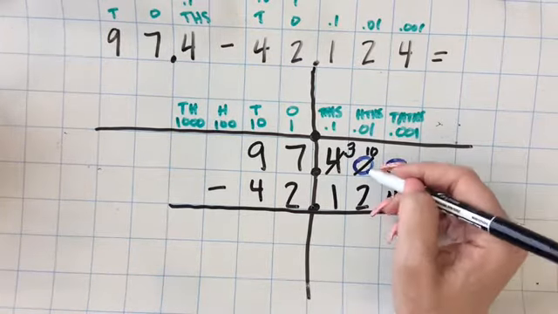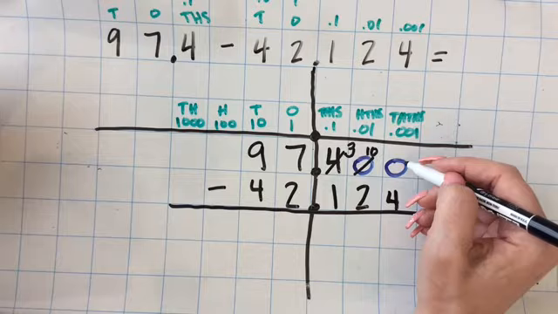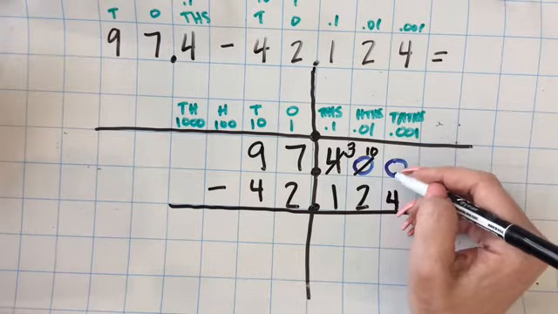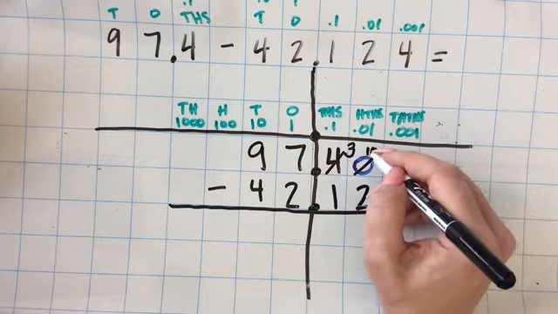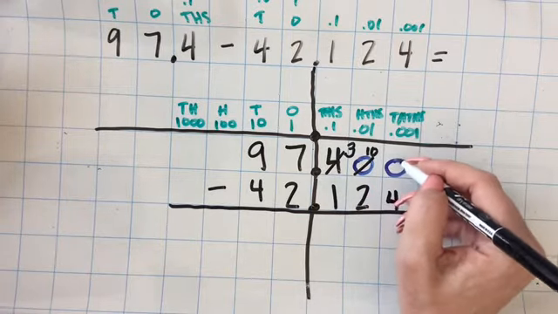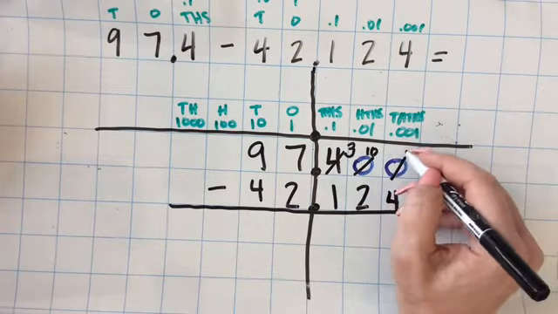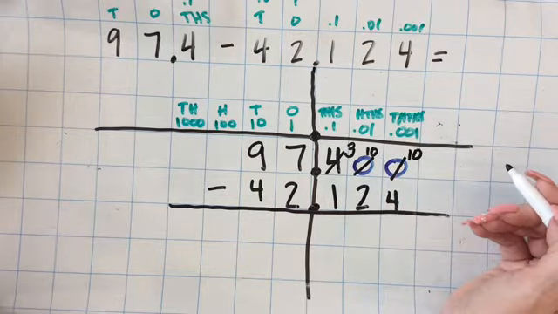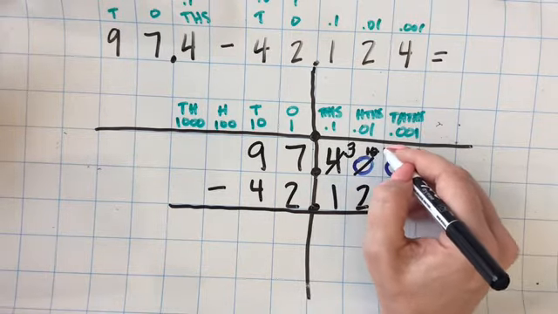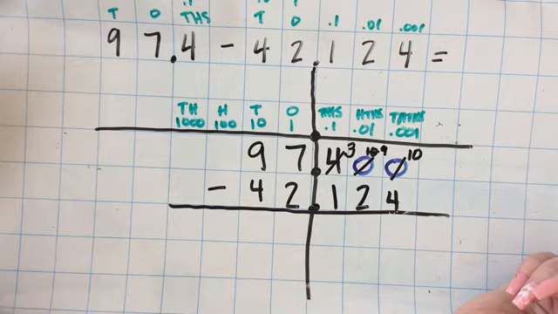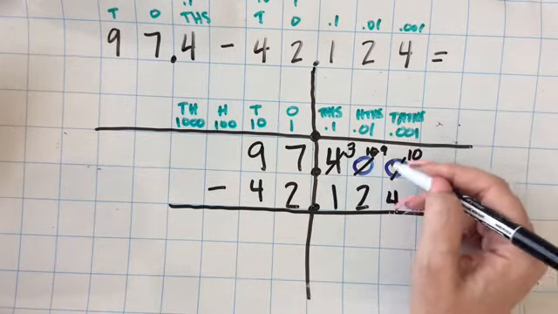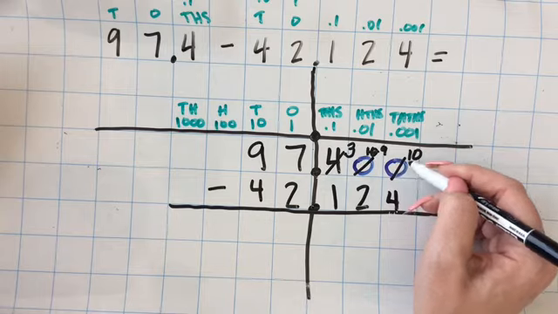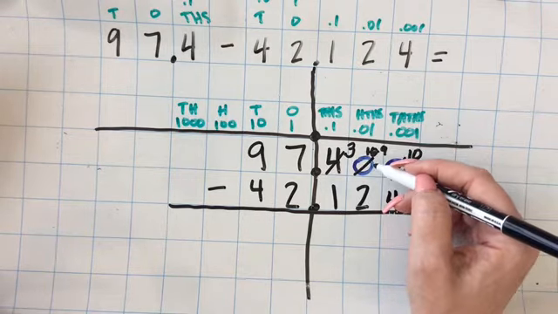So now I actually can regroup right here too, because now I can regroup one of these hundredths, and that is going to give me 10 thousandths. But remember, I took one of these away, so I have 9. Because again, I needed some thousandths. I looked at my hundredths, there was none there.